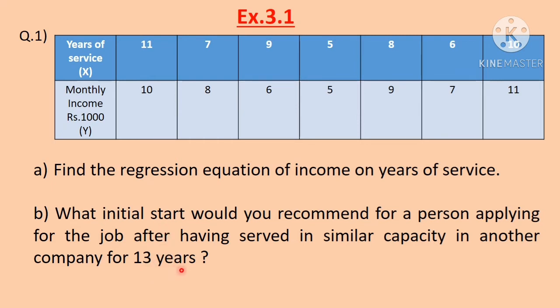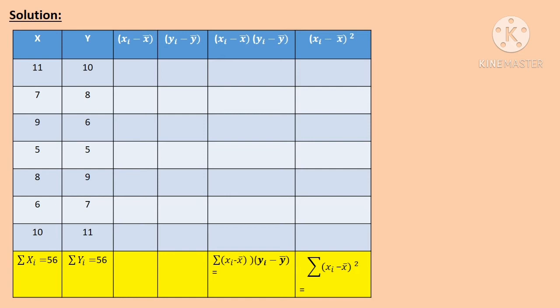So let's start. See, I copied the given data, that is the values of x and y, in the first two columns, and I've also calculated the summation of xi and the summation of yi, which is equal to 56 each. Now first we need to calculate x bar and y bar.